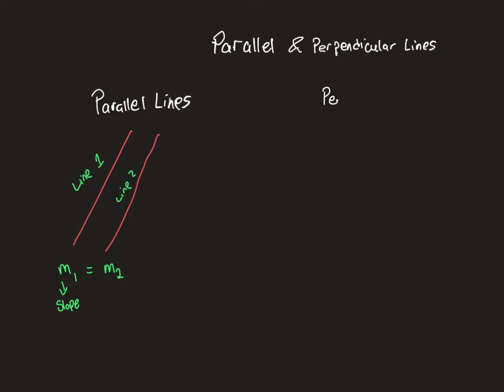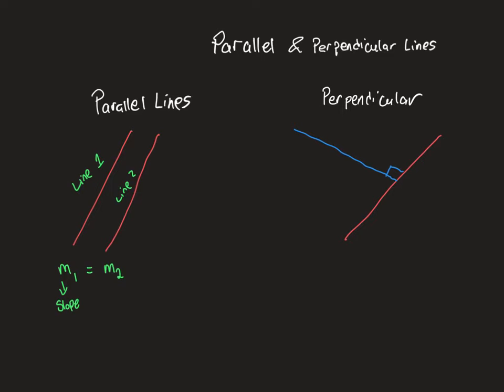Perpendicular lines, on the other hand, are two lines that meet each other in just the right way. You can see my pun there, yes. Bad pun. Just the right way. They hit each other at a 90-degree angle, the two lines.